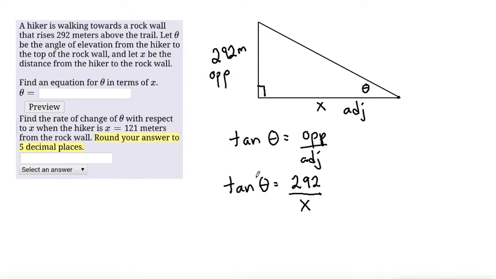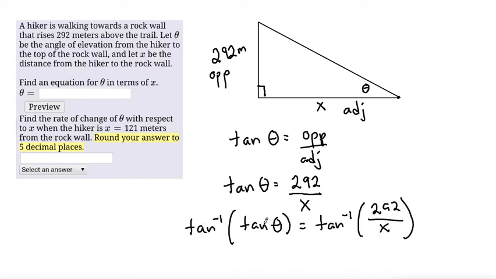So the way we can solve this equation for theta is by moving tan to the other side. Tan is a function, so we can move it to the other side by taking the tan inverse of both sides. So if we take the tan inverse of the tan theta, we'll put the tan inverse on both sides.